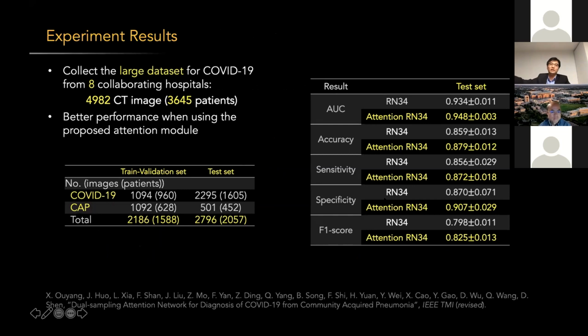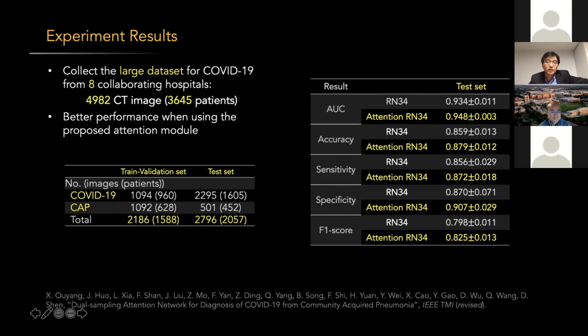And in this slide, I just want to show you the experimental results, as I mentioned before. These are data of about 5,000 CT images from 8 collaborating hospitals and over 3,600 patients. We use over 2,000 CT images for training and validation, and about 3,000 CTs for testing.